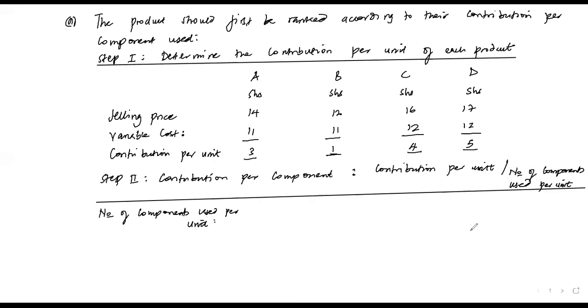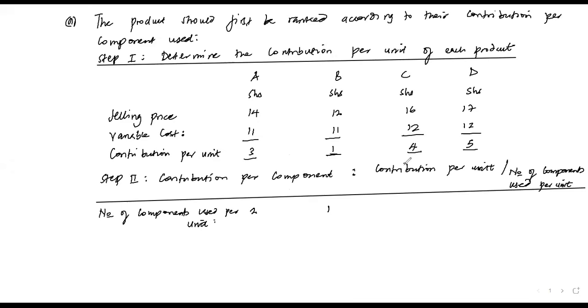So for product A, we need 2 components, because it is 4 divided by 2. The cost is 4 to make a unit of A, but the cost of the component is 2, so you get 2 components. Then this is 2 by 2, 1 component.